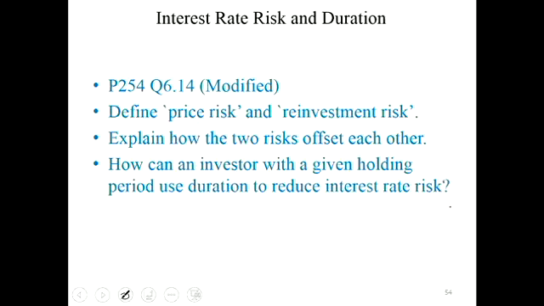Okay, so when we considered this one here, we had the interest rate rise on us. So the day after the borders, yields went up. We took a big hit on the price. What happens to the value of our coupons in the case that the yields rose?